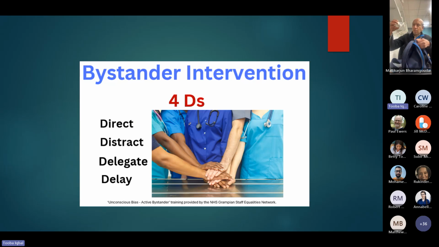The 4D stands for direct, distract, delegate, and delay. Based upon what the situation is, who the person being uncivil is within the hierarchy, and what their nature is, you direct, distract, delegate, or delay based upon that particular situation.